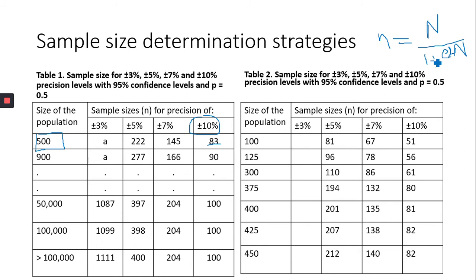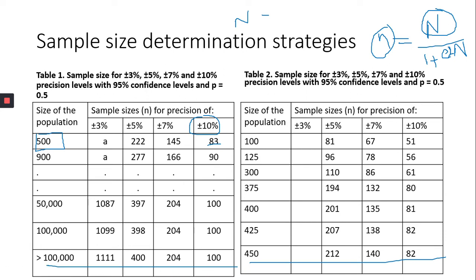This is E squared. Sorry, I think it's not visible. I will illustrate on the next slide. But we are saying sample size n is equal to population size, big N, divided by 1 plus E squared, where E is the error margin, multiplied by the population size. So you can try that even on this one. You'll see that you get those numbers that I've given you.